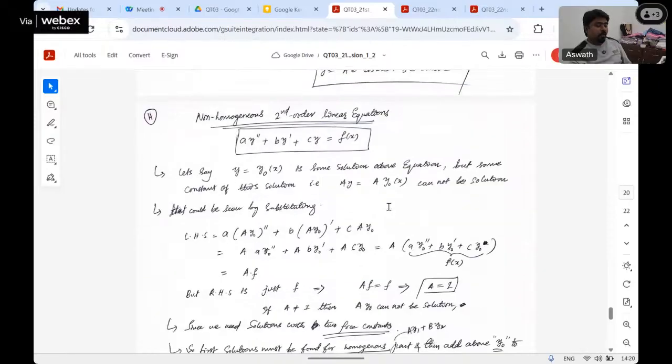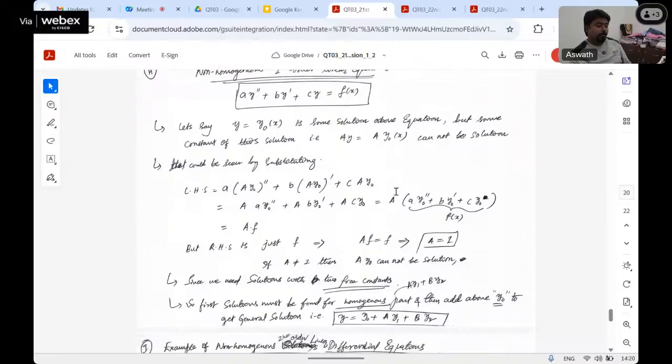Okay, now for the non-homogeneous case, how do you solve? For a non-homogeneous case, what you can do is find a solution first for the homogeneous part, and then develop a solution for the non-homogeneous part. For example, you have the solution y naught x as a solution for the overall differential equation.